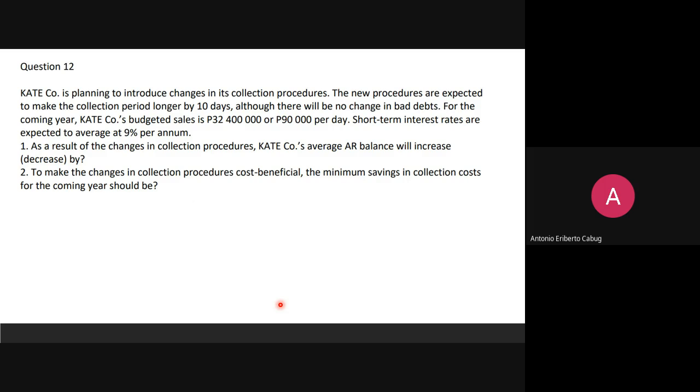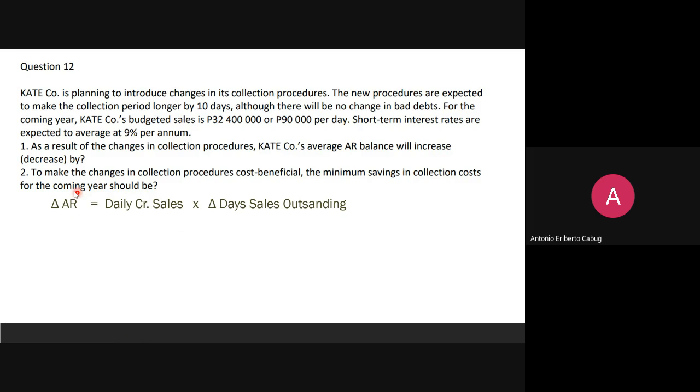What's the answer? Okay, so anong sagot nyo for number 1?